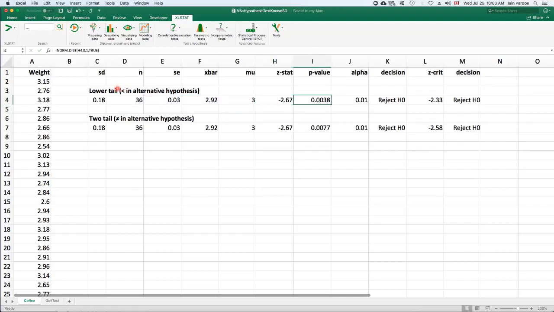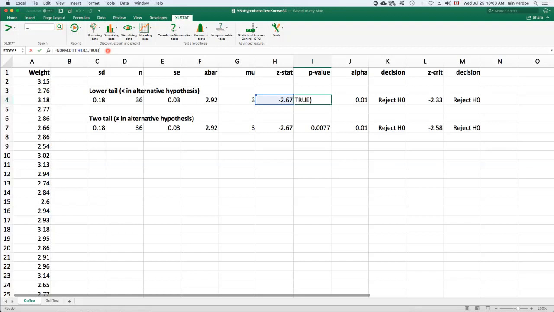And then the p-value, because we're doing a lower tail test, means that the p-value is the left-hand tail area beyond the test statistic. So to calculate that, we can use NORM.DIST, and the first argument is the Z statistic, and the second argument is the mean, which is 0 for a standard normal distribution.